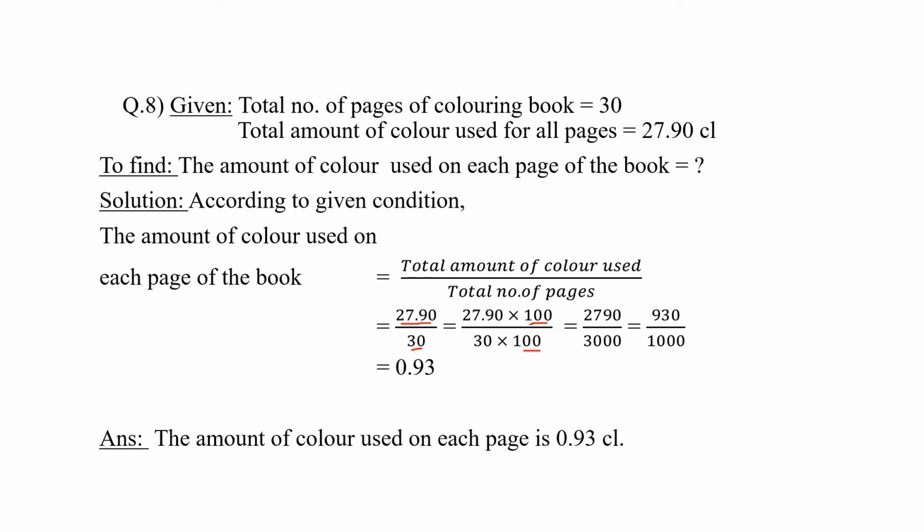So we'll be getting 2790 upon 3000, right? Now after that, if we'll divide these two numbers by 3, we'll be getting 930 upon 1000, and that is equal to 0.930. So no need to write that last zero. So therefore answer, the amount of color used on each page is 0.93 centiliter. Remember, the units are very important while you are writing the final answers.